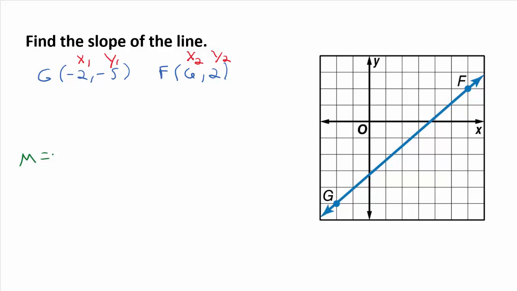So y2 minus y1 is going to be 2 minus -5 over 6 minus -2. 2 minus -5, which is going to be 2 plus 5, is 7. 6 minus -2, which is going to be 6 plus 2, is 8. And there is our slope, 7 over 8. And as you can see, it's going to be a positive slope.